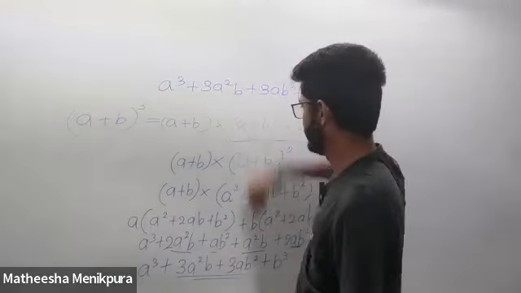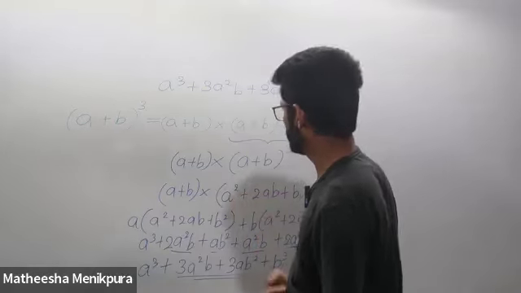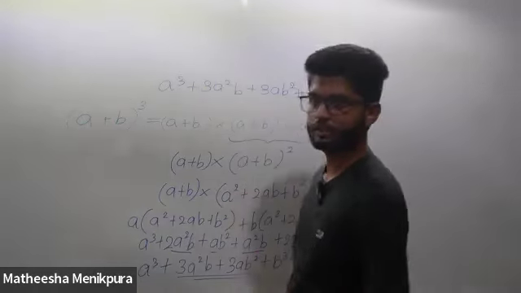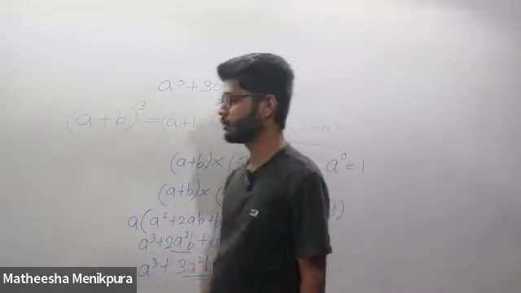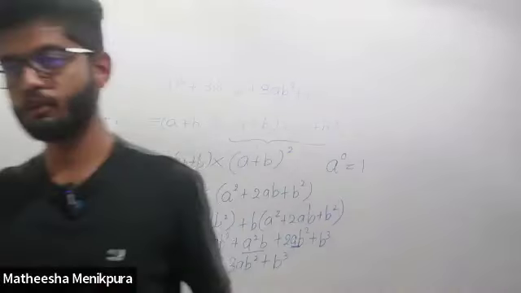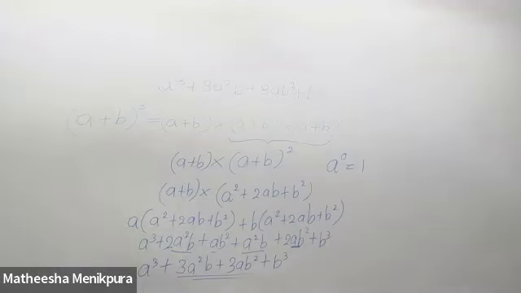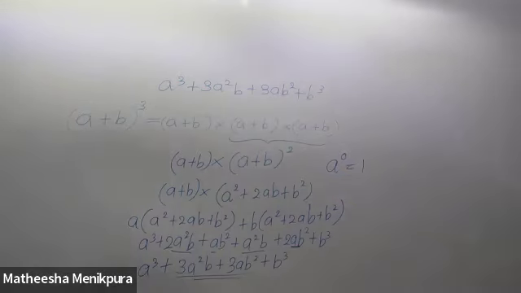In the square we multiplied it with 2. Here we have to multiply it with 3. So that is the method. We call this a cube of a binomial expression.